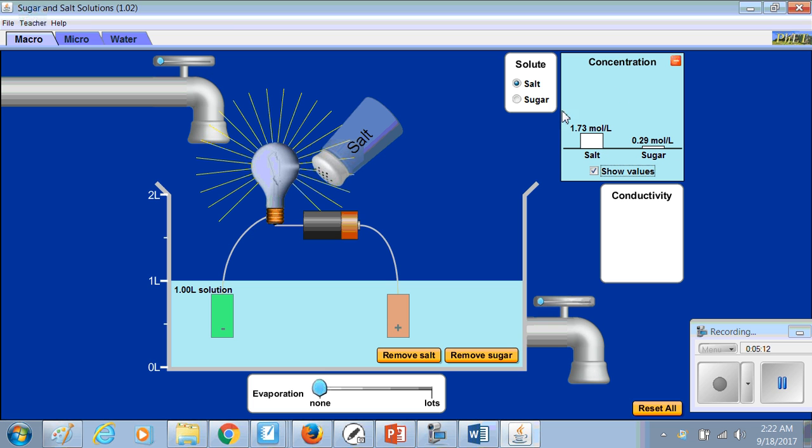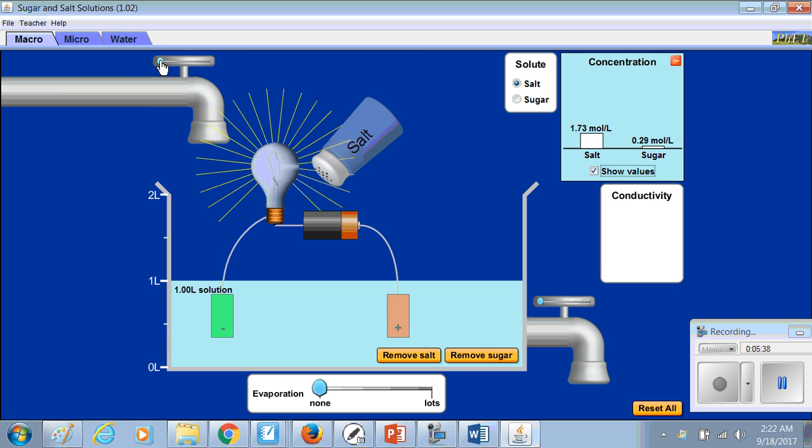In this concentration graph, we're looking at, in this volume of water, the concentration of my solute particles. I've got more salt in there than sugar, but even with just the sugar in there, my bulb wasn't glowing. I had to have salt in there to make my bulb glow.